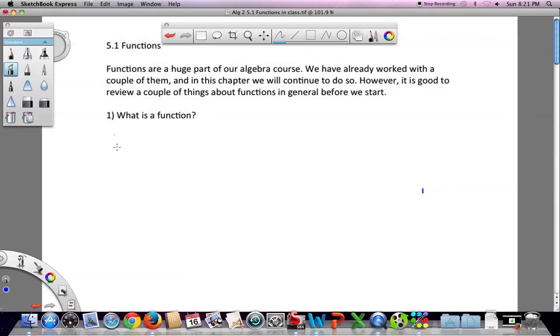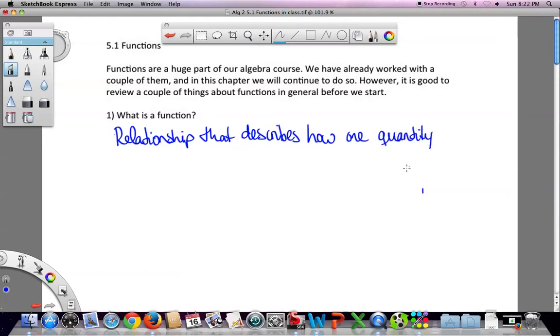So think of a function as a relationship that describes how one quantity, and we'll stick to just one at a time right now, is changed into another. Okay?